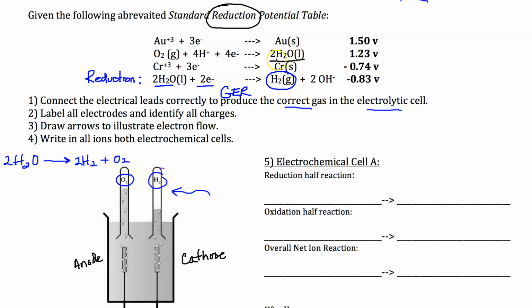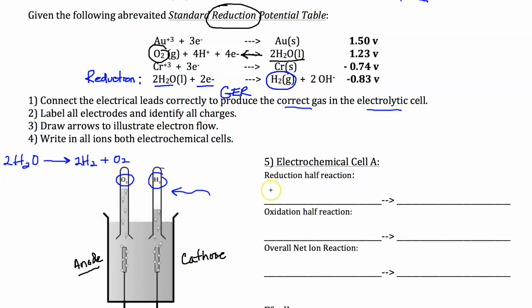So what's happening is we're going to be making oxygen by water oxidizing, going in the reverse way here. And so that makes sense that the anode would produce oxygen because water is going to get oxidized. So let's go write those reactions. So the cathode is the place of reduction. Red cat is the mnemonic we use.